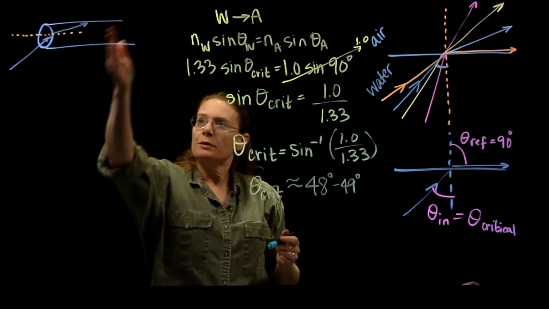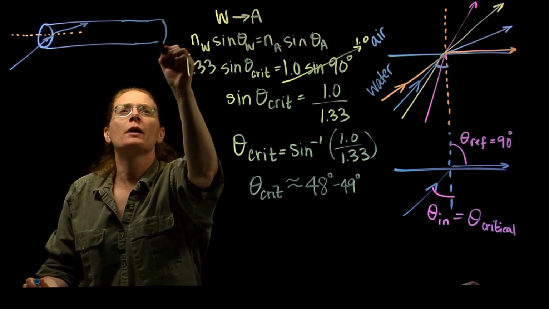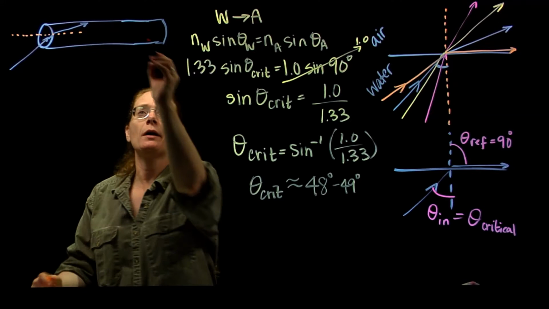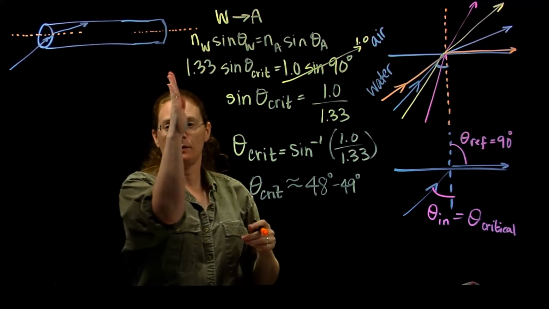Now I want to go to the other end of the cable. So we're leaving the cable. All right, so we've got the other end of the cable. We still have the same type of normal because my surface is like this.